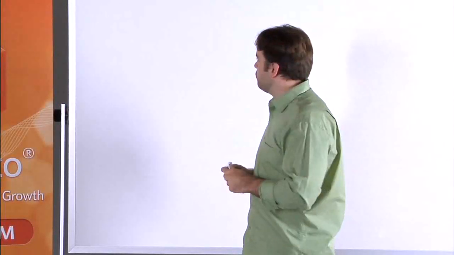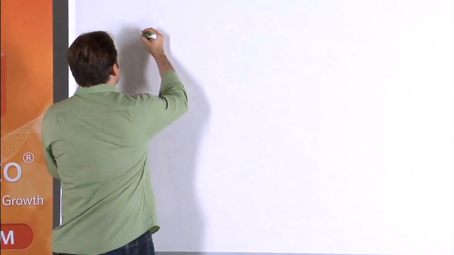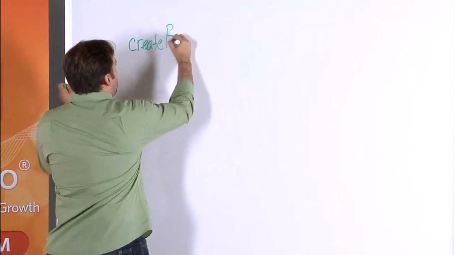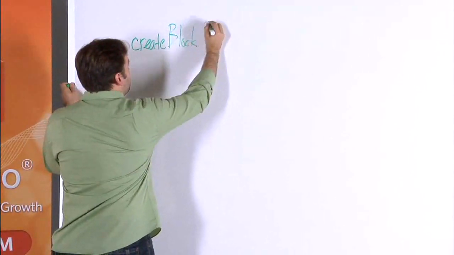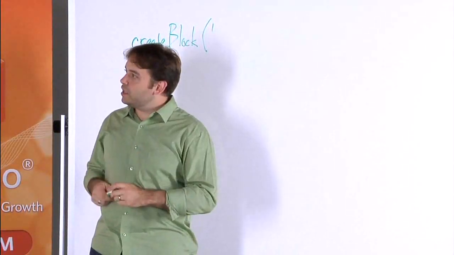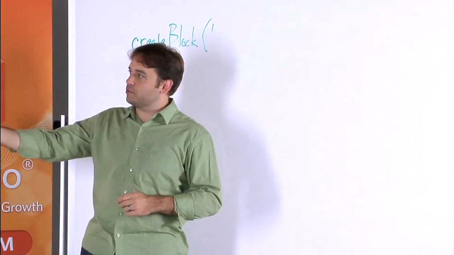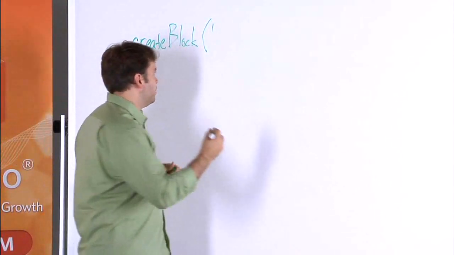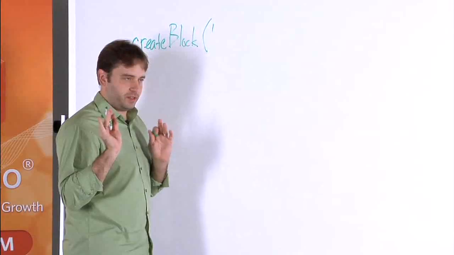For blocks we use a function called createBlock. So you would see createBlock, and let's say we have product view. That's a good block to use. We'll be dealing with this a lot.